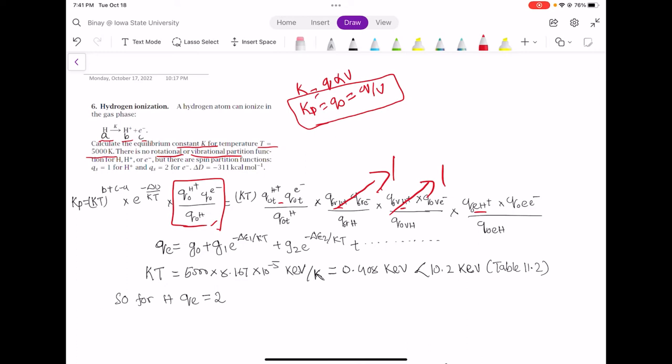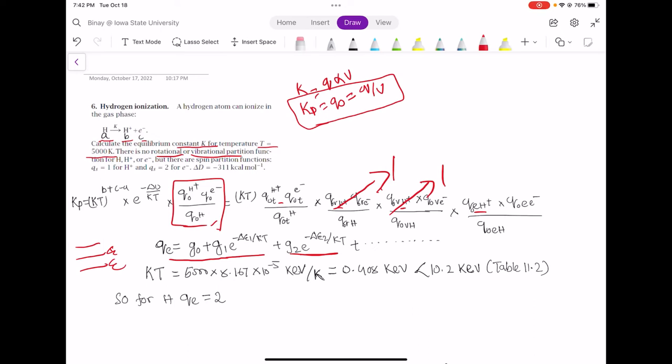So let's see what the spin partition function means. From table 11.2 and this equation, you see Q electronic given as g0, g1, g2 with e to the power of the energy level. This Q electronic actually arises due to the spin of the electron, because each electron has some degeneracy or energy level and some spin in that particular energy level. That's why this electronic function arises.